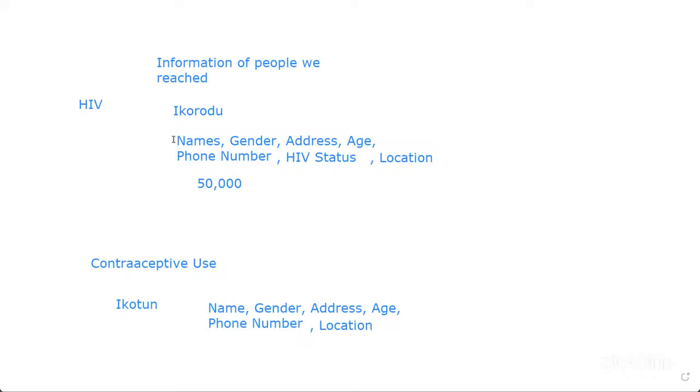Now we are going to say, okay, after 2 months, we want to test that person again. So that follow-up will not be on this first information that we got. It will be in another data table, where we put that person's ID that we already have from when we went to meet them in Ikorodu.